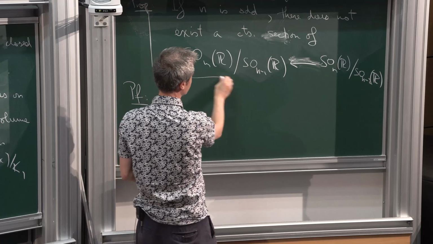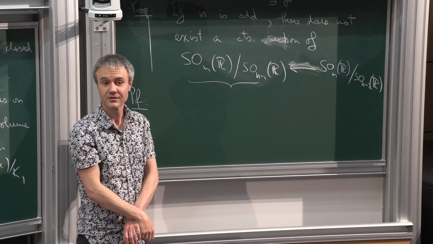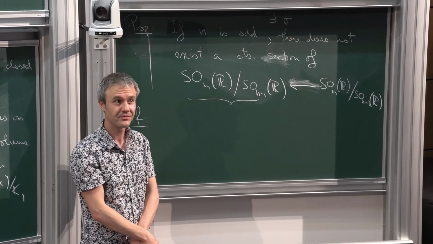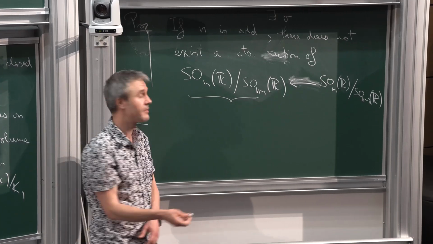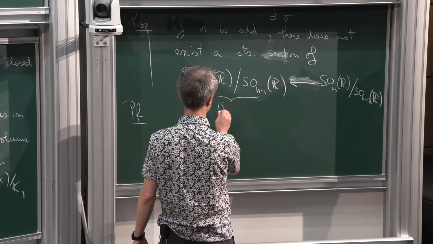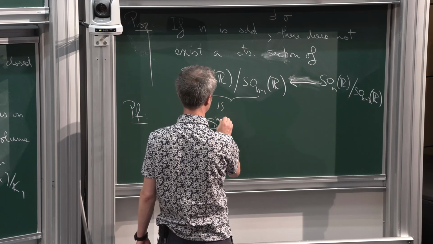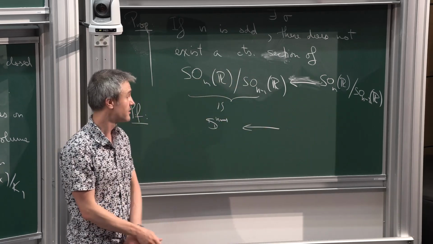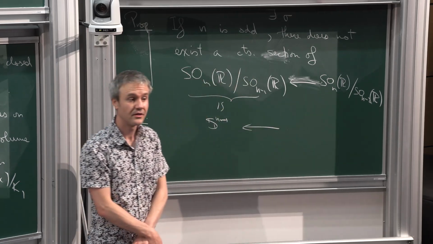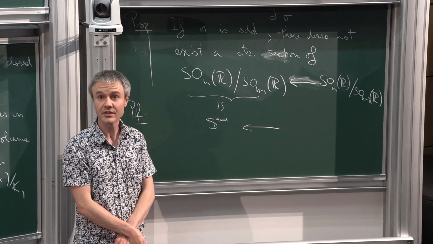So what is this space? It's just the n minus 1 sphere, right? So this is isomorphic to S^(n-1). And what is this space on the right? This is just the unit tangent bundle of that sphere.